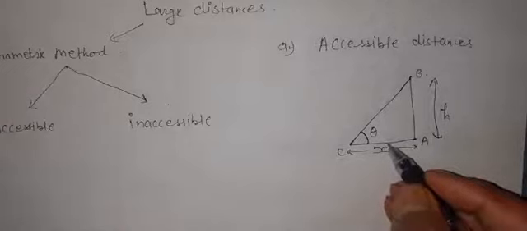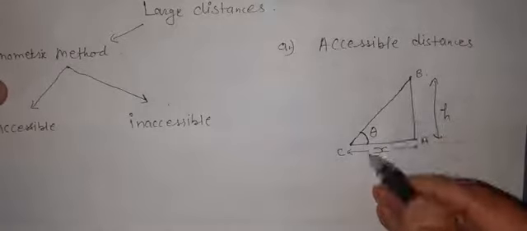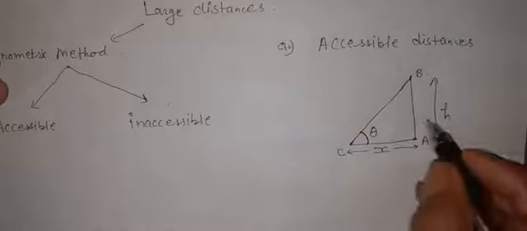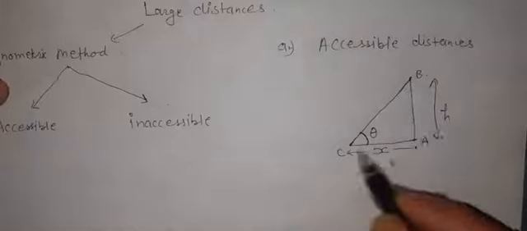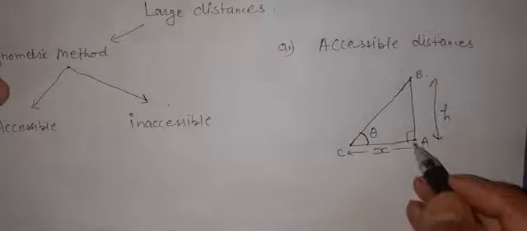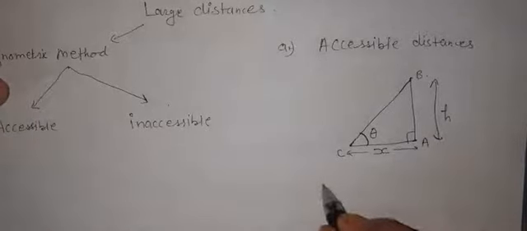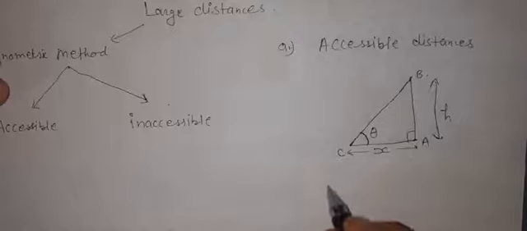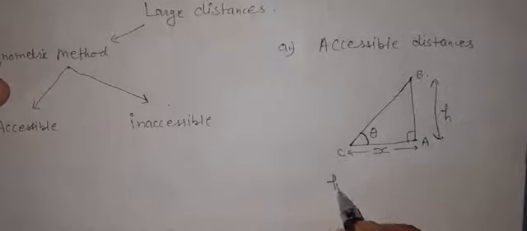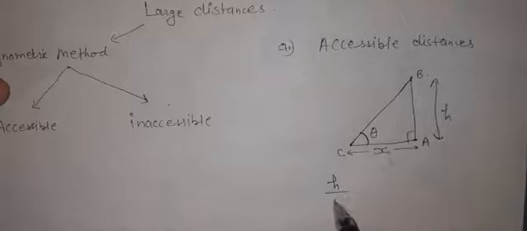You can also use a simple theodolite, with the help of which you can measure this angle. Now this is a right angle triangle, where the mountain or tree is almost perpendicular. Therefore, from this right angle triangle, my aim is to find h, and x is known to me.